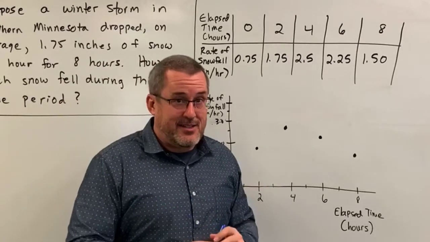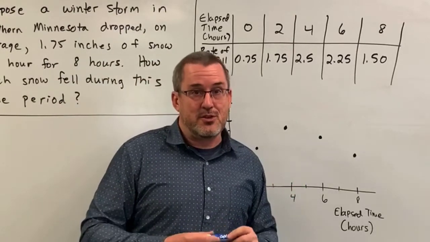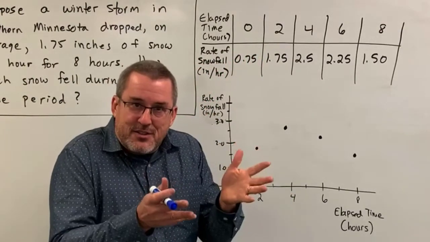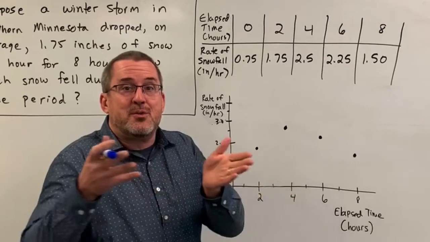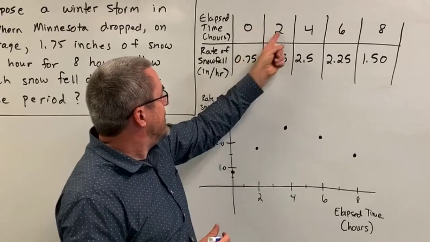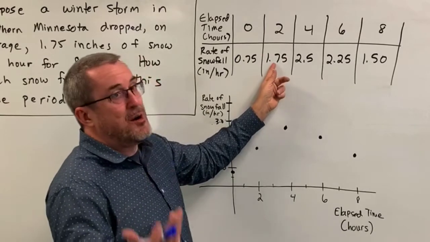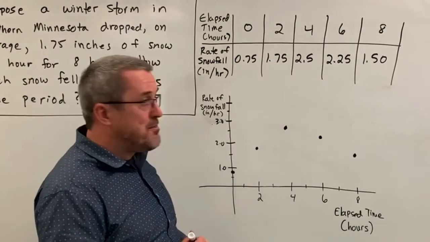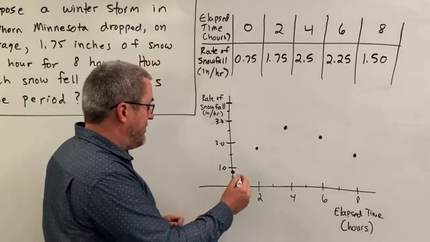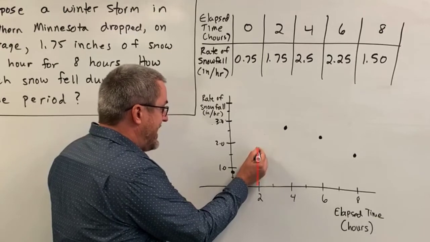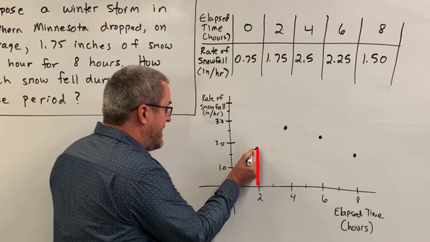When we estimate the total snowfall, we're going to look at each of the 2 hour subintervals of time, but we're going to choose the rate on the right-hand side. For example, in this first 2 hours, we're going to suppose that the snowfall fell at a constant rate of 1.75 inches per hour.